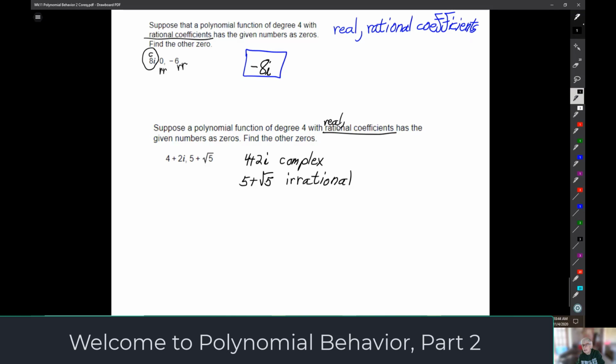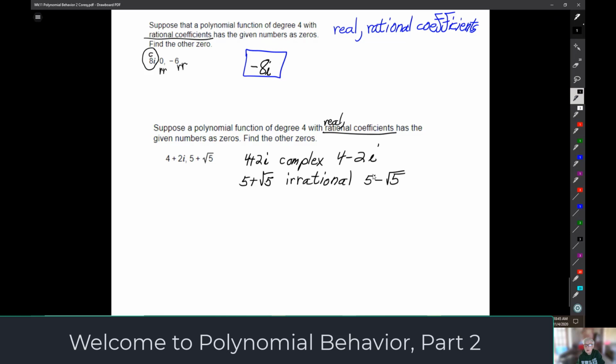If we're going to have real and rational coefficients in front of all our variables in this fourth degree polynomial, the only way that's going to happen is if 4 plus 2i is accompanied by its conjugate 4 minus 2i, and 5 plus the square root of 5 is accompanied by its conjugate 5 minus the square root of 5.